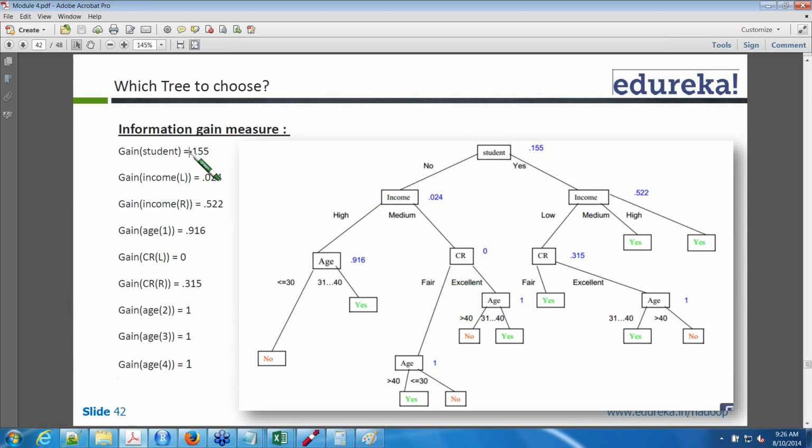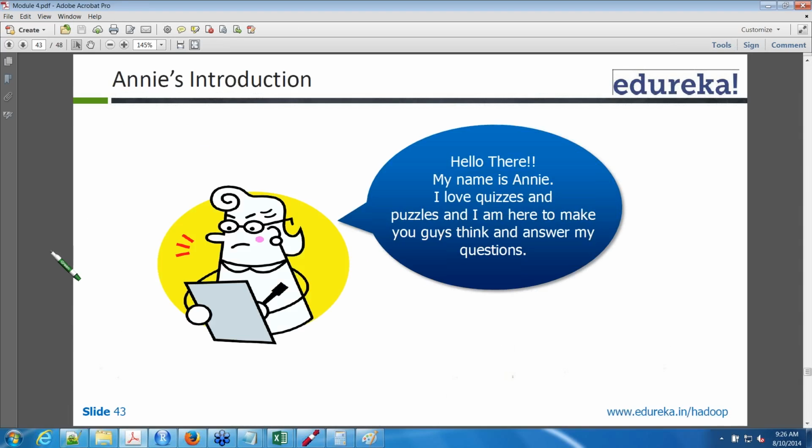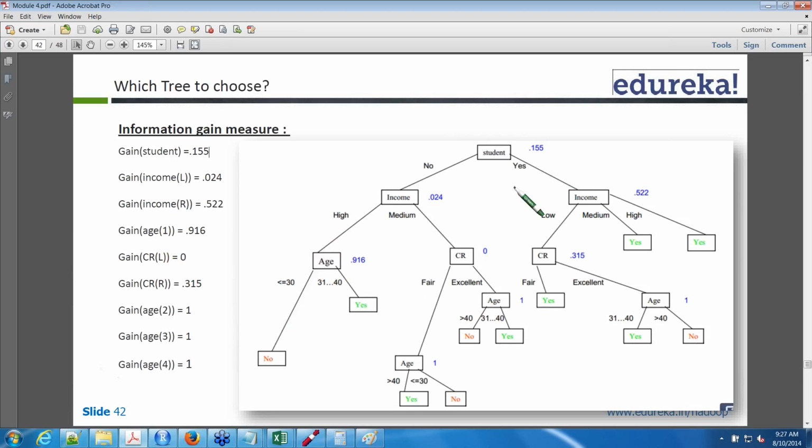If you look at 0.15, it is the one having a very good entropy level when compared to the other things. So out of this, what we choose is to start with 0.15, student yes or no. We get the maximum level of accuracy. How this has been determined: when I start with age and then split by this, 0.24 is the accuracy level and 0.916. Finally, do you see we have 1 here? Can you see it, Arun?